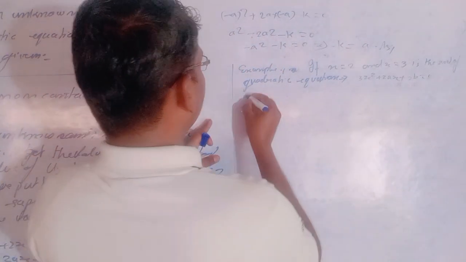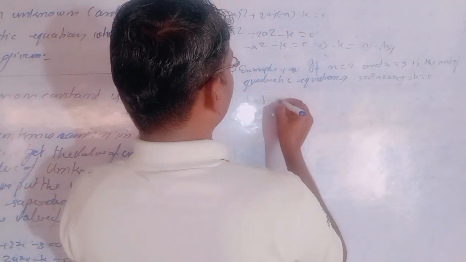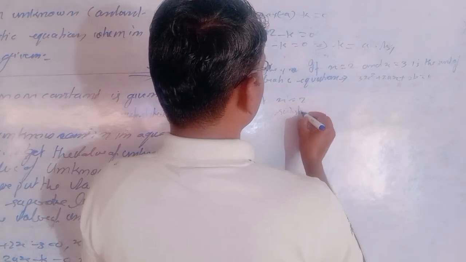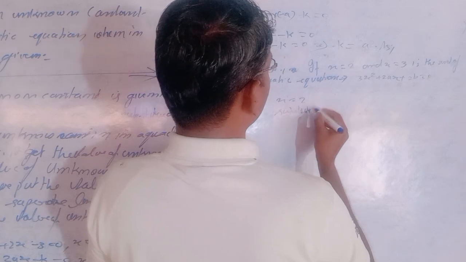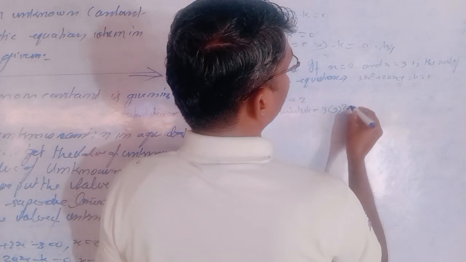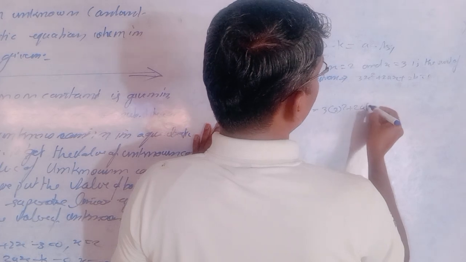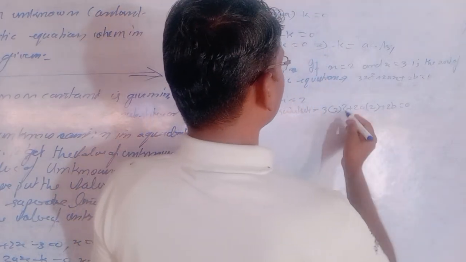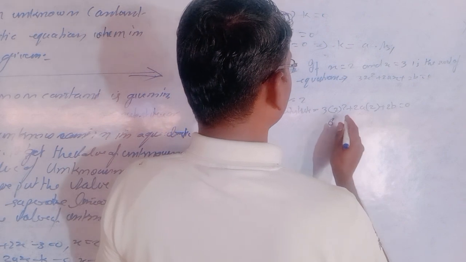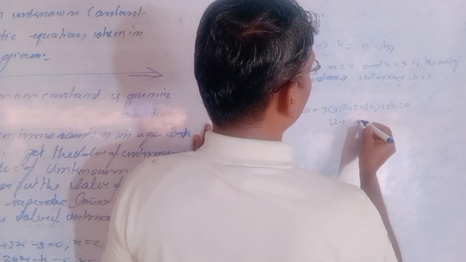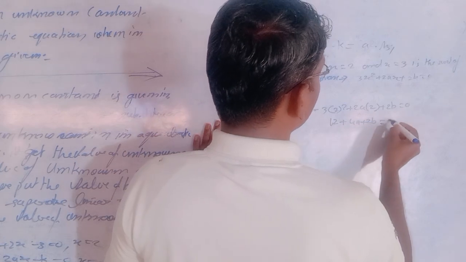Now first, let x is equal to 2. We will substitute x is equal to 2. So 3 times 2 square plus 2a into 2 plus 2b is equal to 0. 3 times 4 is 12, so 12 plus 4a plus 2b is equal to 0.